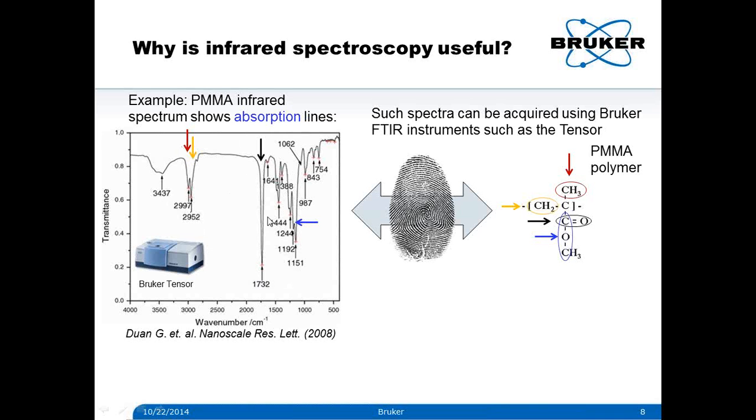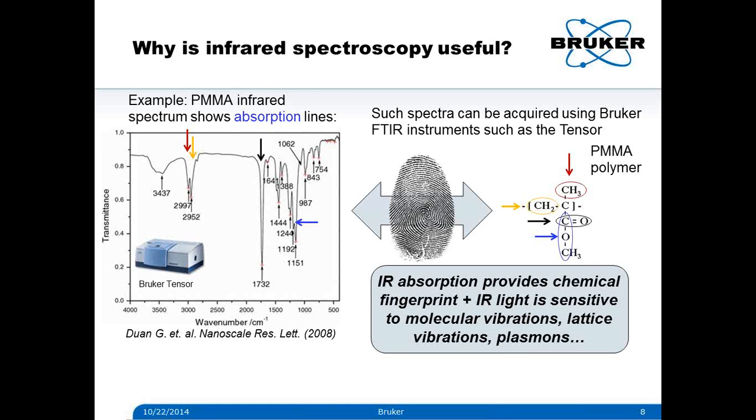These far-field techniques are FTIR-based techniques, which have been around for quite some time, and you can use Bruker FTIRs like the Bruker Tensor or Vertex to identify your system, get a chemical fingerprint, and show where the molecular vibrations, lattice vibrations, or plasmonic resonances are.